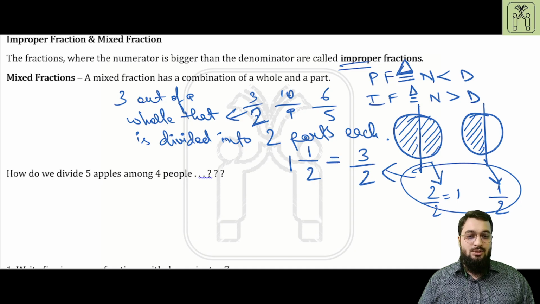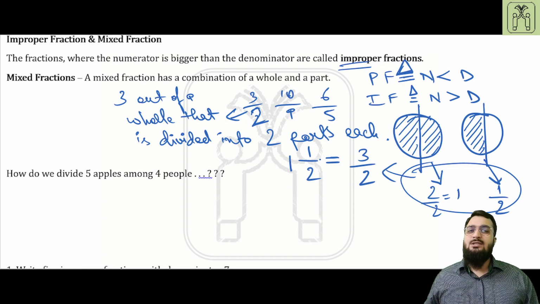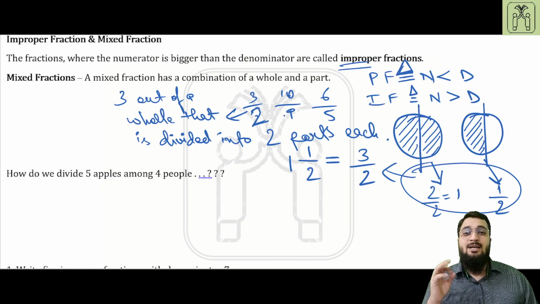They are equal to each other and represent the same exact thing. So improper fractions are fractions in which the numerator is bigger than the denominator, and the mixed fraction comprises a whole, a part, and the denominator. So 1 and 1 upon 2 is known as the mixed fraction.